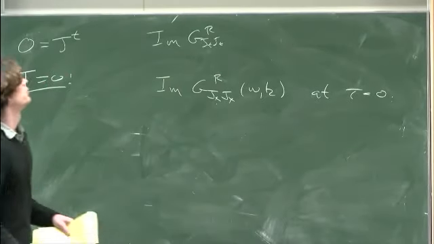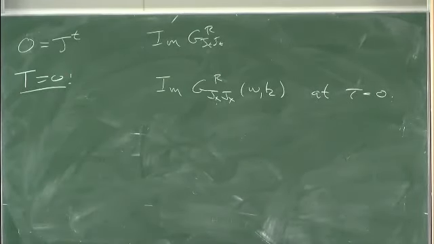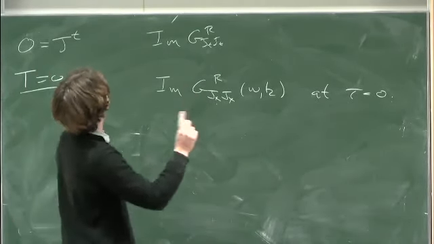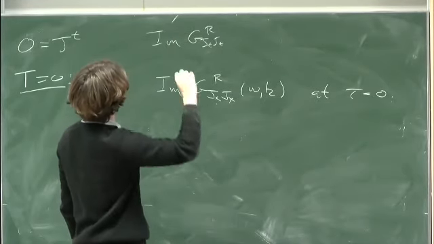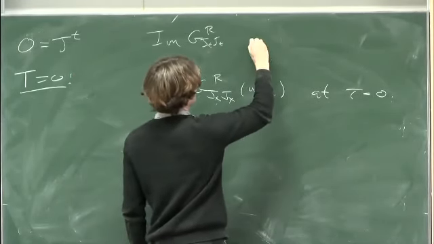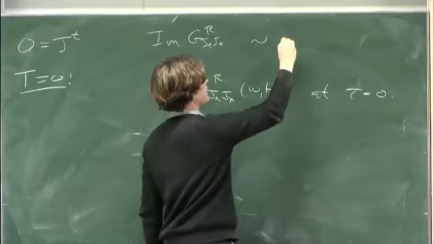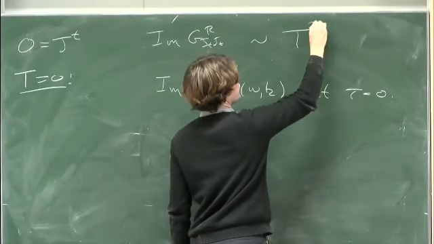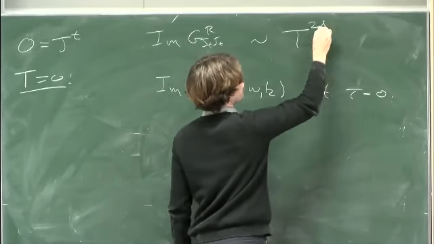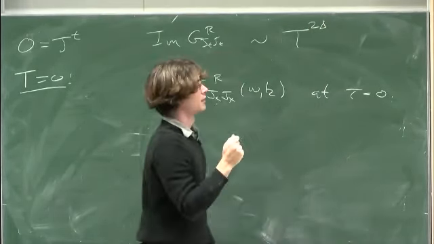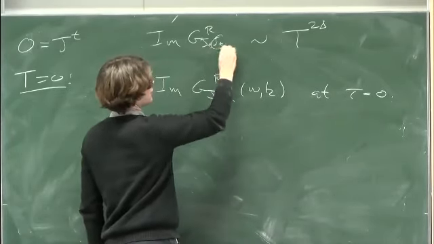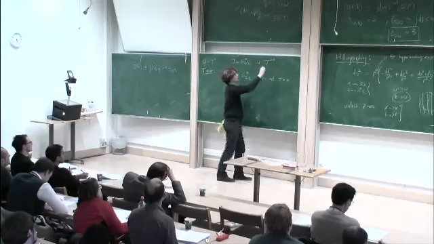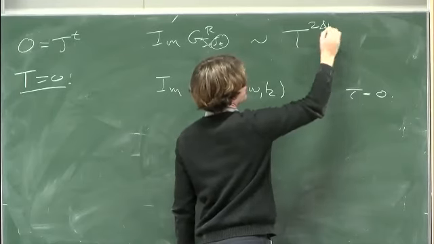For Reissner-Nordstrom, the AdS2 case, you can calculate that, and you get T to 2 times the dimension of Jt in the AdS2 theory, evaluated at the lattice momentum.